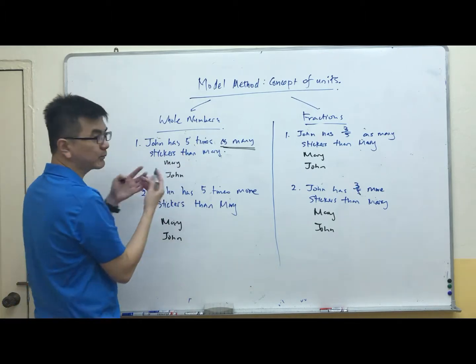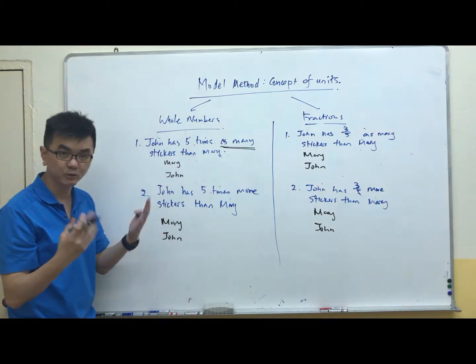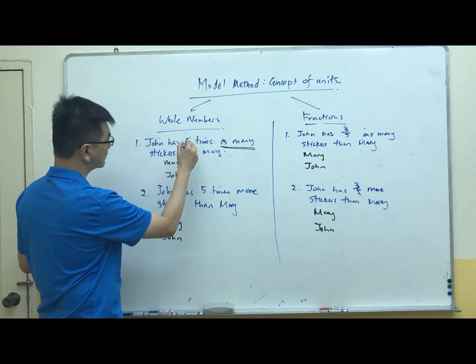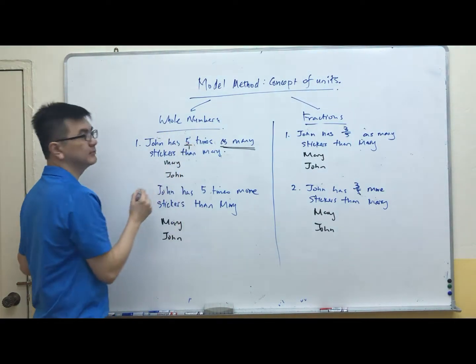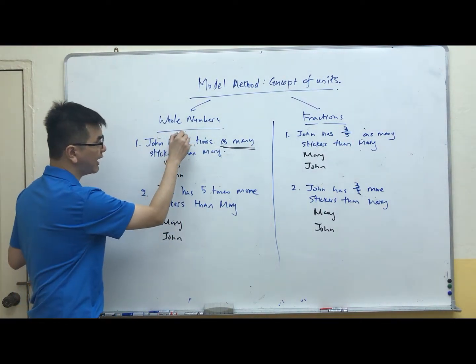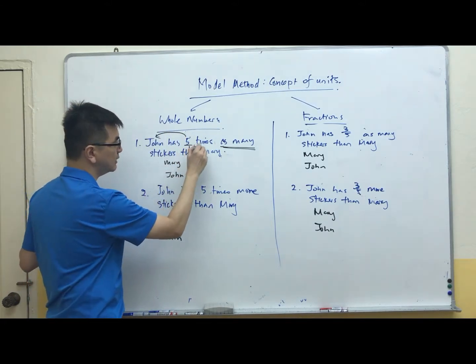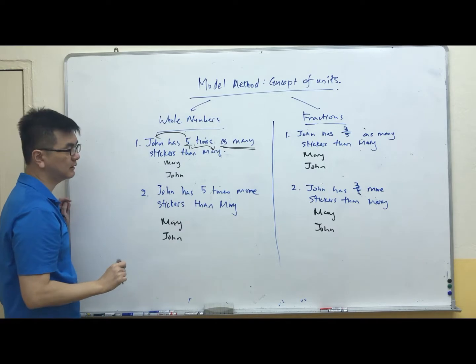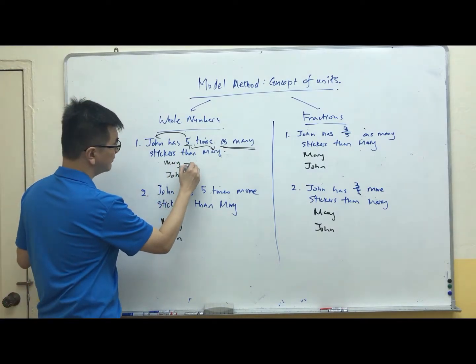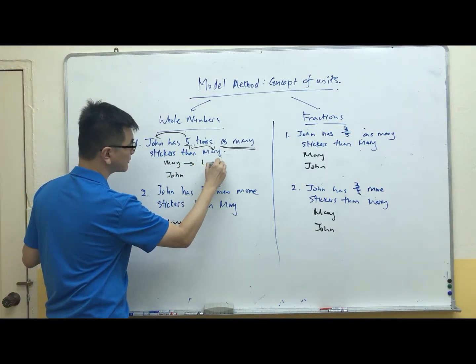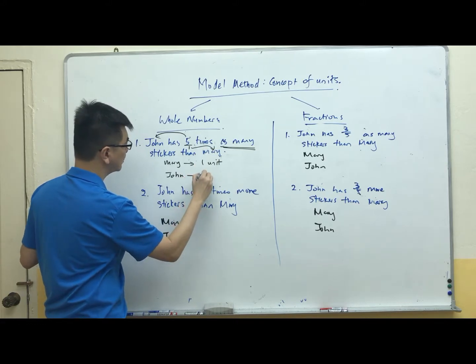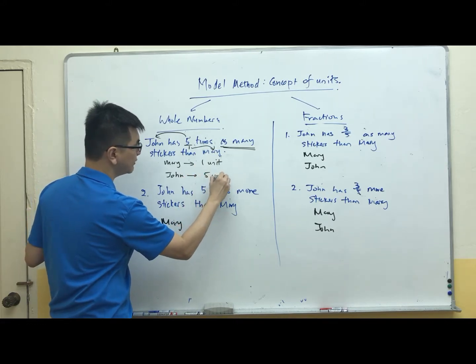I have 5, so I'm going to first convert 5 to a fraction, 5 over 1. The 5 units will go to John, and Mary will take 1 unit. So Mary will have 1 unit and John will have 5 units.